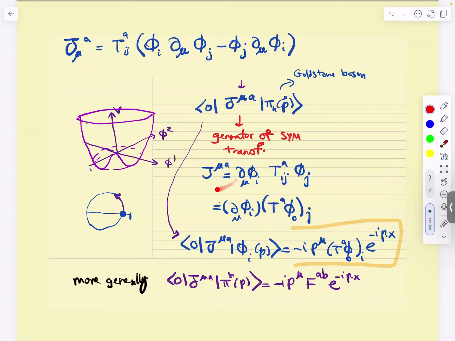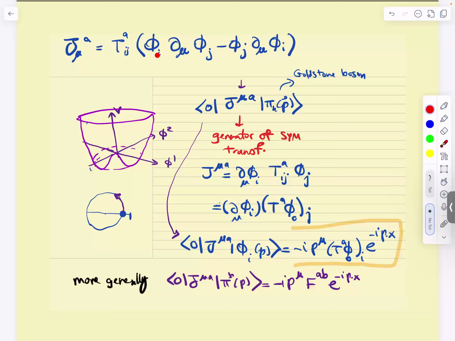Okay, so take J mu A. As an operator, it's this thing, but when you look at the solution at the spontaneous symmetry breaking point, this is second order in phi. The first order contribution to it will be this term.